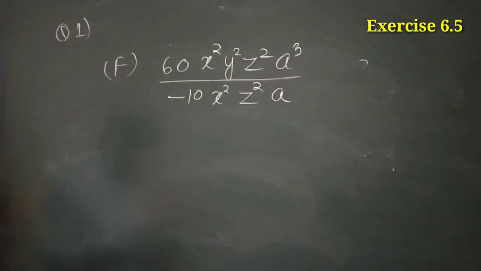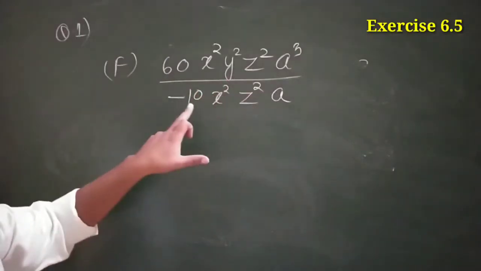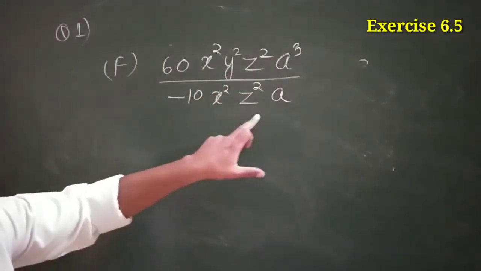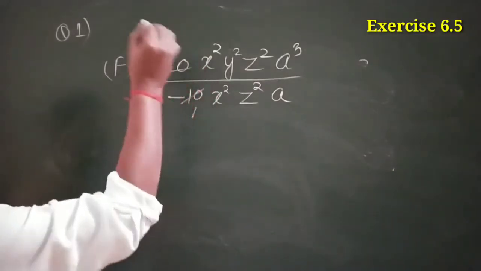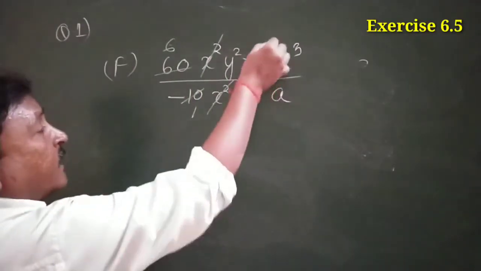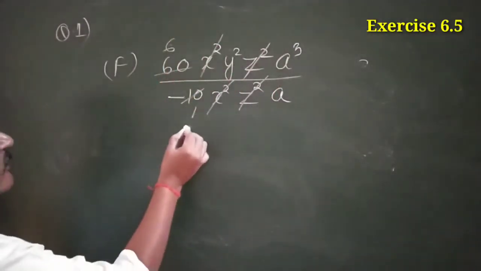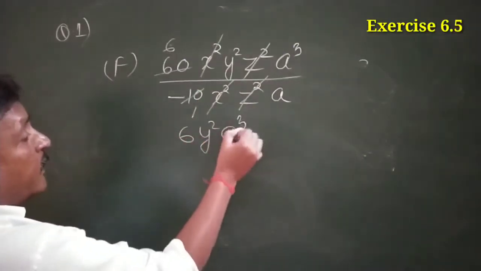Okay? It is 60 x square y square z square a cube upon minus 10 x square z square a. 10 1s are 10, 10 6s are 60. X square is cancelled by x square, z square is cancelled by z square. So what is left? 6 y square a cube.